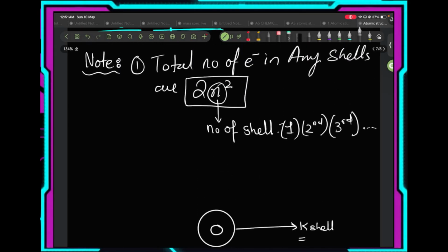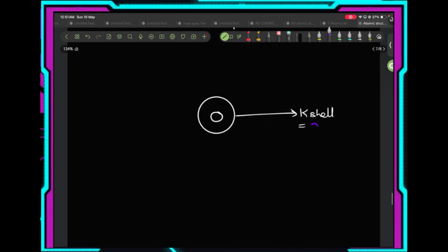According to 2n square, since it is the first shell, what would be the value of n? 1. So what would be the answer? 2 electrons. So same goes for O levels. 2 electrons in the first shell, so 2 electrons right here. Let's move on to the next shell.